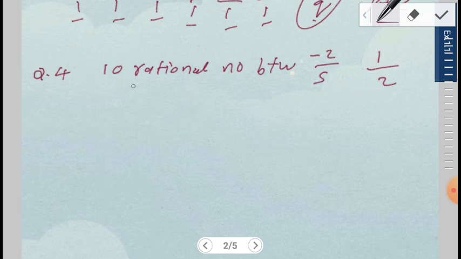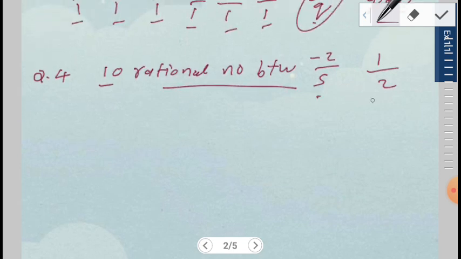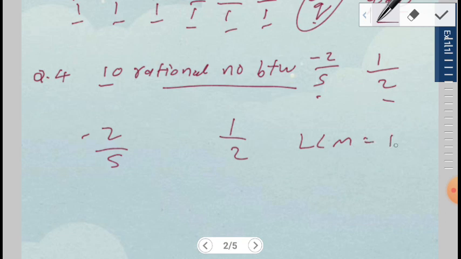Now, find 10 rational numbers between minus 2 upon 5 and 1 upon 2. How can we find in-between rational numbers? First, the denominators of both numbers are not the same, so we take the LCM and make the denominators the same. For minus 2 upon 5 and 1 upon 2, the LCM becomes 10.